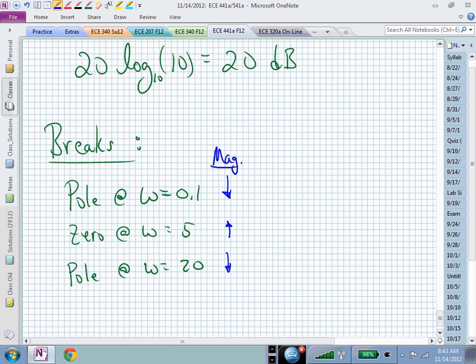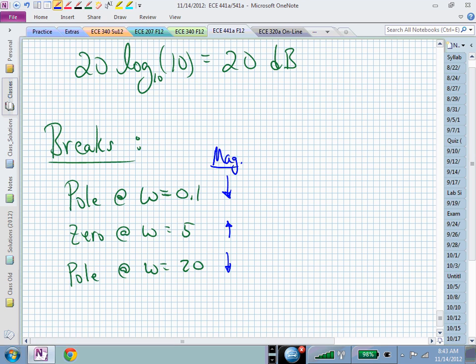Our phase curve is a little bit more interesting because each factor only goes so far in terms of phase. They start at 0 for these linear factors, and then they either go to minus 90 for poles or plus 90 for zeros. They make that 90-degree phase change spread across 2 decades, centered at the break frequency.